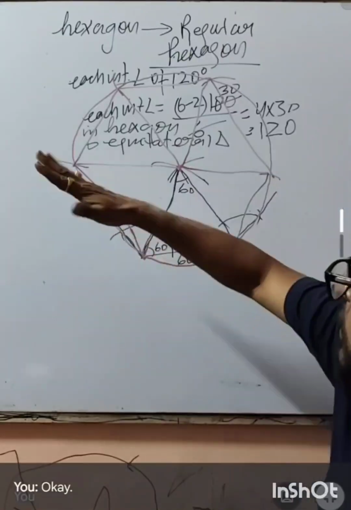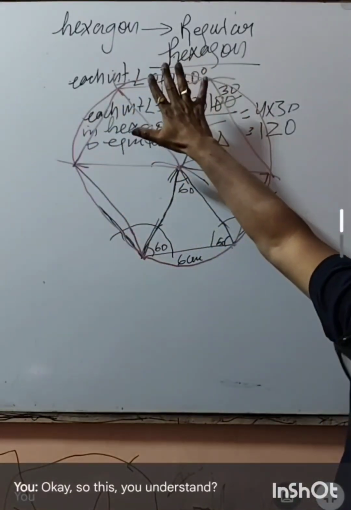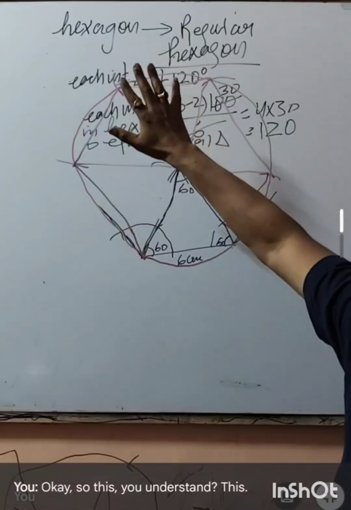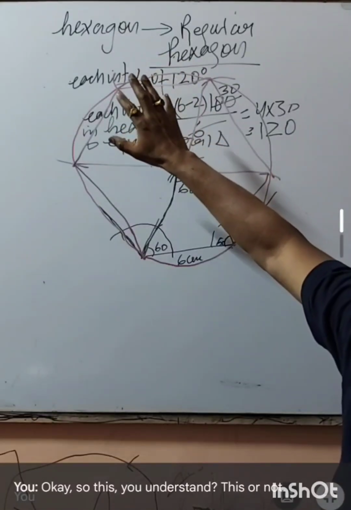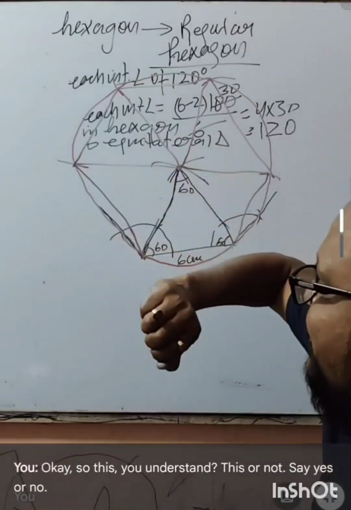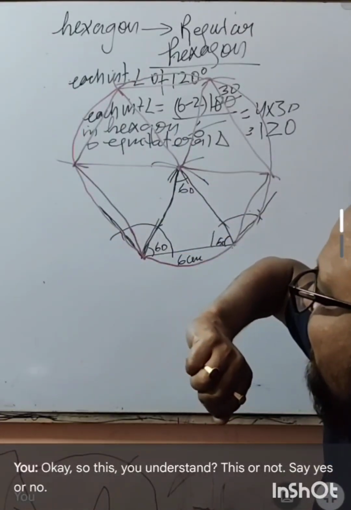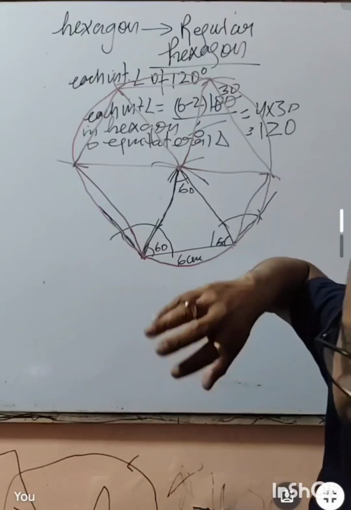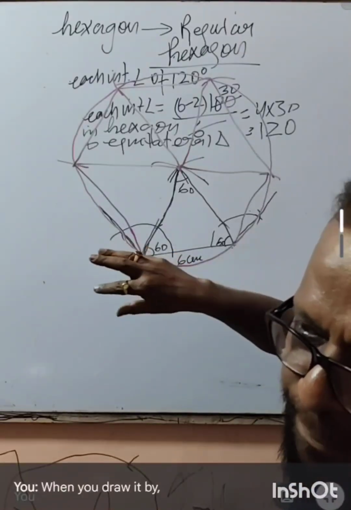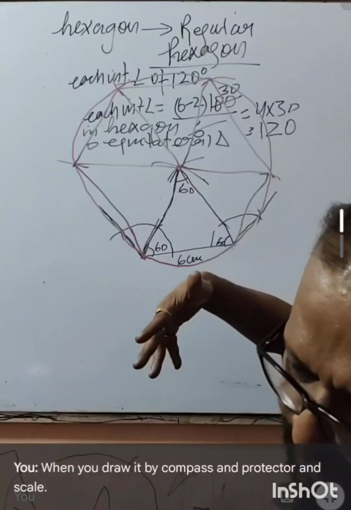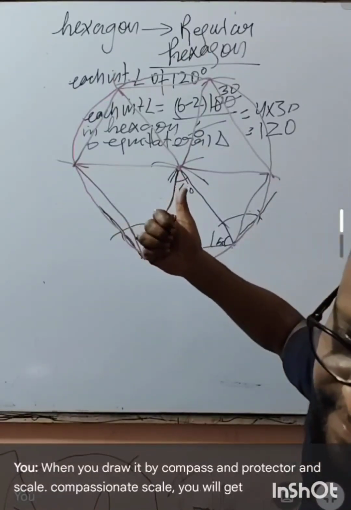Okay. So, do you understand this? Say yes or no. When you draw it by compass and scale, you will get this, right?